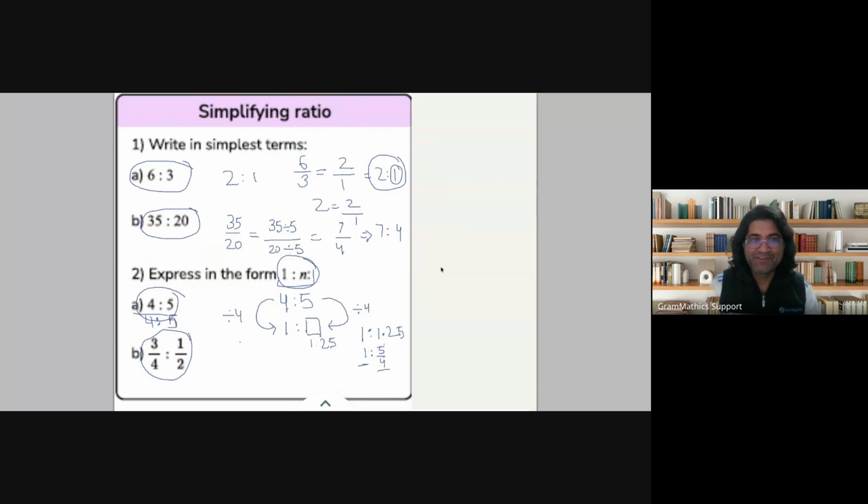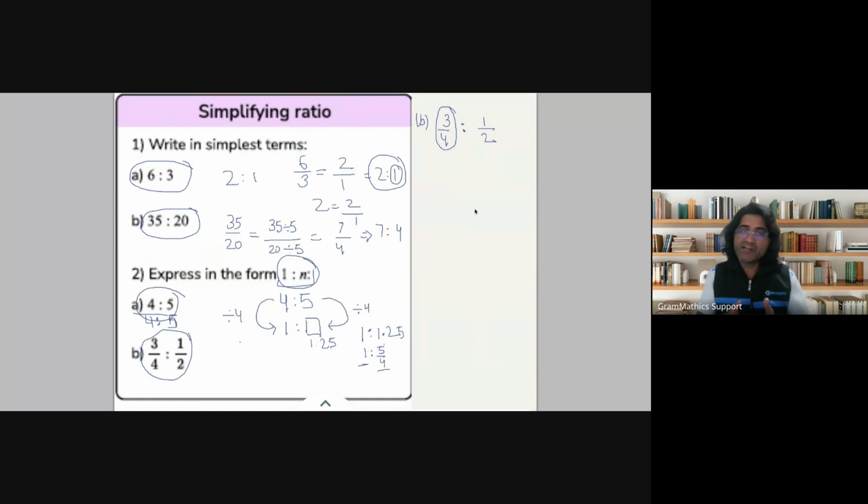So for this type of question, let me do it over here. So 3/4 is to 1/2. And I have to make it 1. How can I make this 1? What operation?